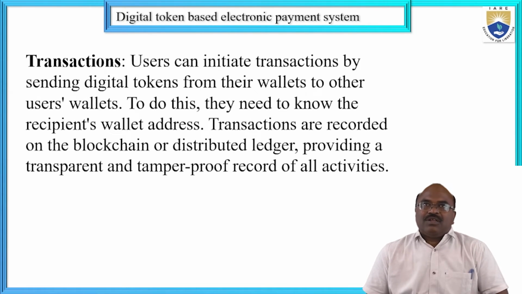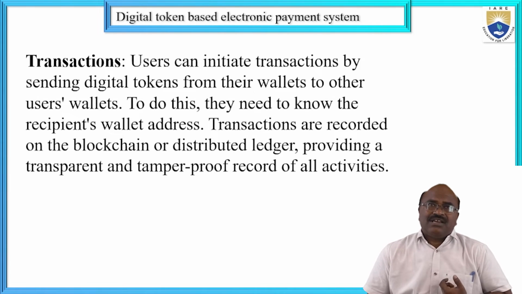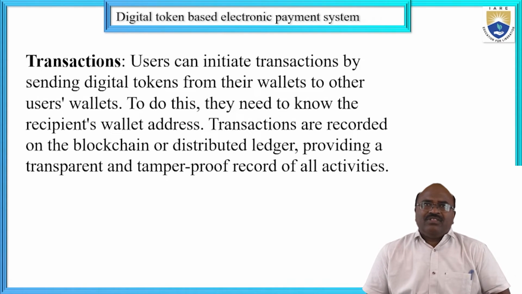Those types of problems are also there. That's why, for security reasons, the digital token based electronic payment system uses the transaction method with transparent and tamper-proof records of all activities. So transaction is one of the important essential subheadings of the digital token-based electronic payment system.